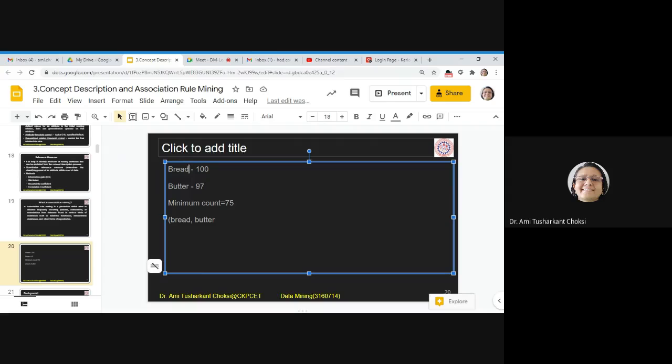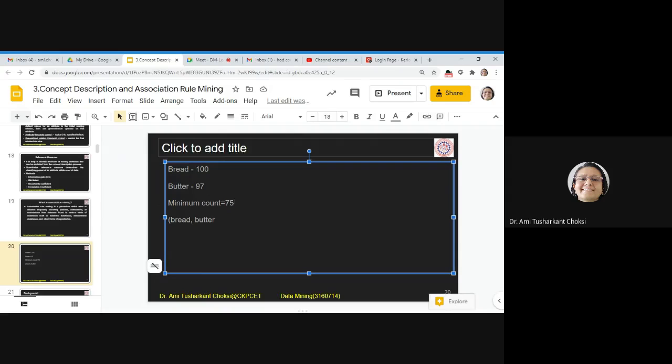Getting it? Bread is purchased, say, 100 times individually. We are not considering the combo just now. Butter is also purchased many times, 97 times, which is more than the minimum threshold count given to us.